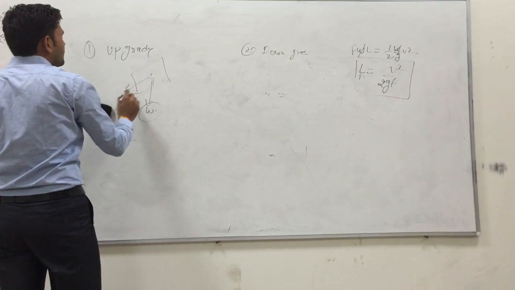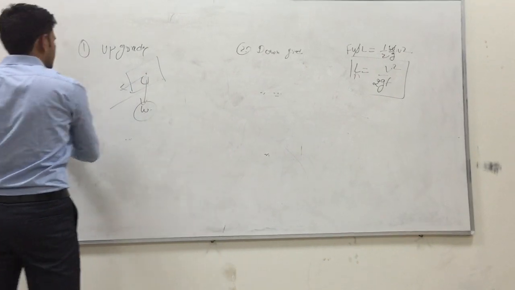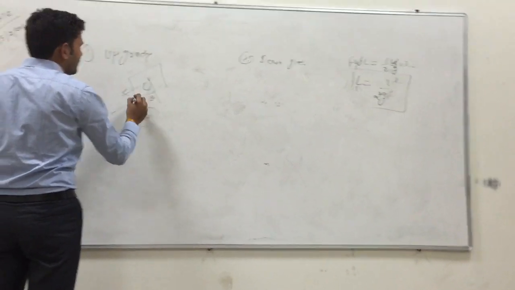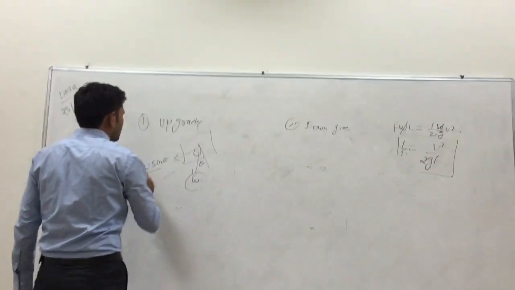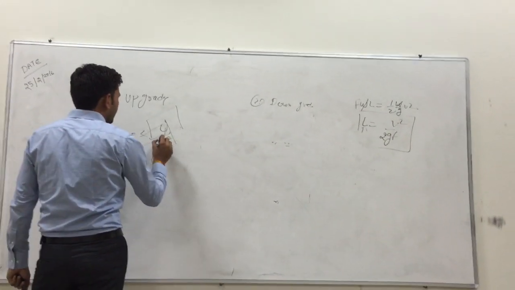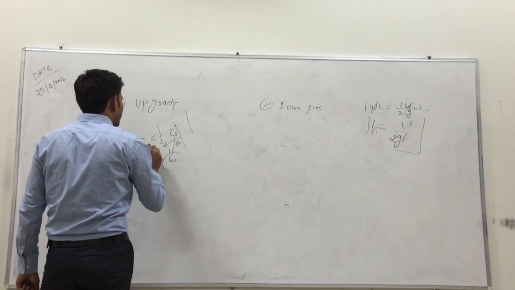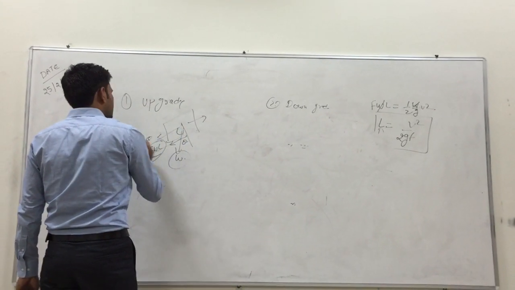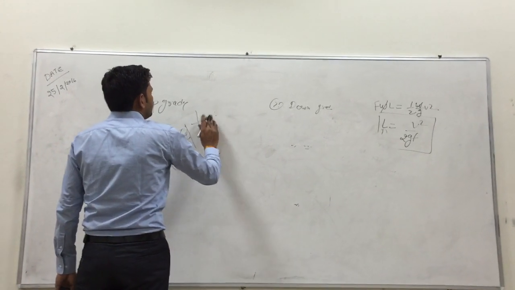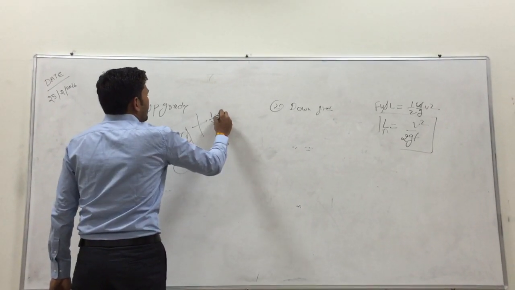So weight is acting on this side, theta, W sin theta, and there is a friction force F, W L, and there is a kinetic energy of half m v square.